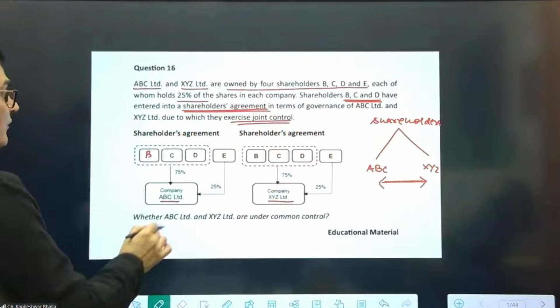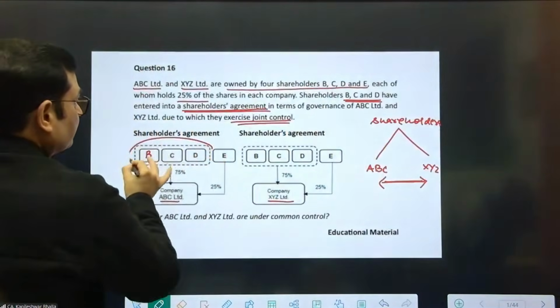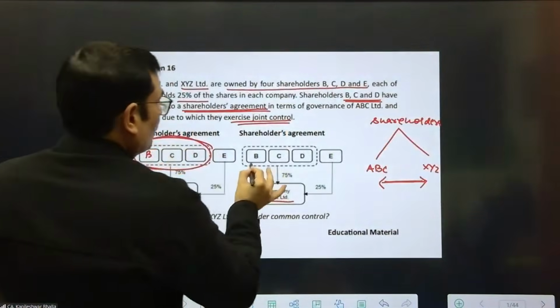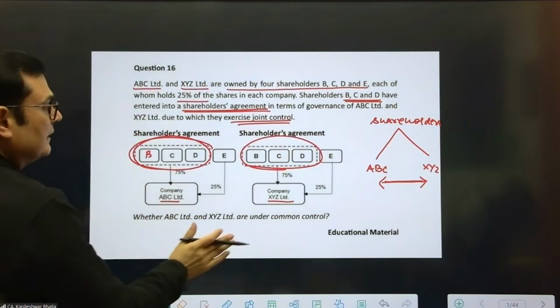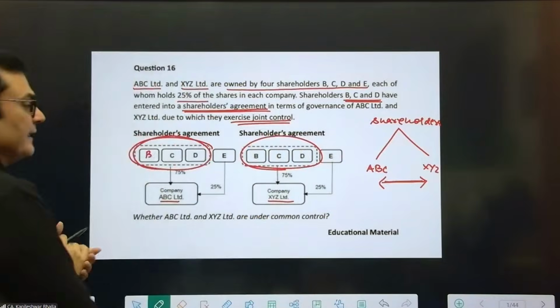Step number 1 is that the same parties have control. Step number 2 is that there should be a written agreement. Now the written agreement is only between BCD and not E. Therefore, we will consider only BCD. These are the 3 shareholders who have joint control over ABC and joint control over XYZ.